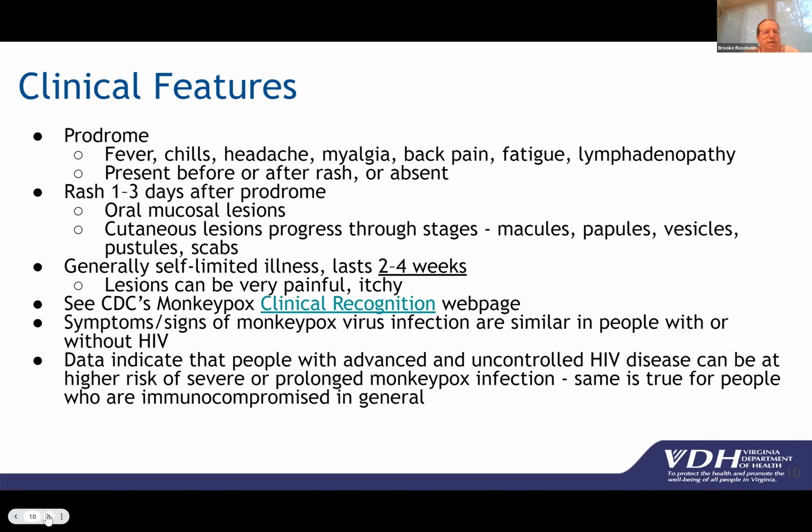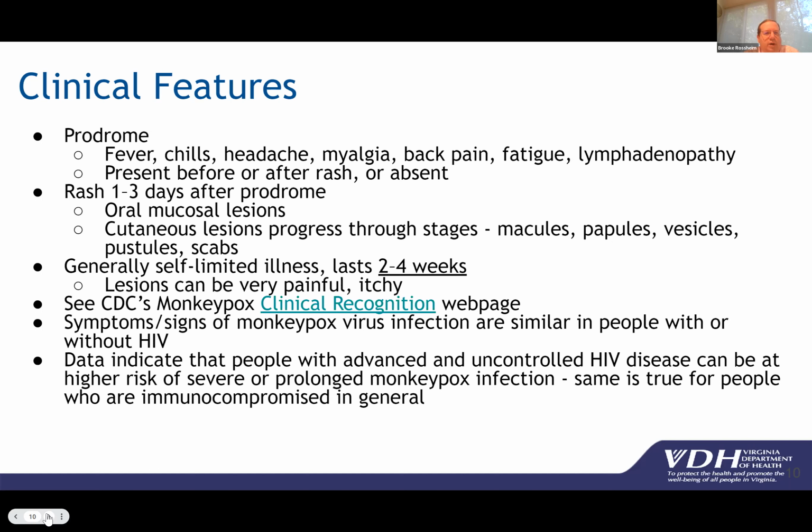Typically with monkeypox, you'll see a rash about 1 to 3 days after the prodrome. Oral lesions are common, and then cutaneous lesions are pretty common as well. And these cutaneous lesions tend to progress in a fairly orderly way, going from macules to papules to vesicles, then to pustules, and then the lesions scab over.